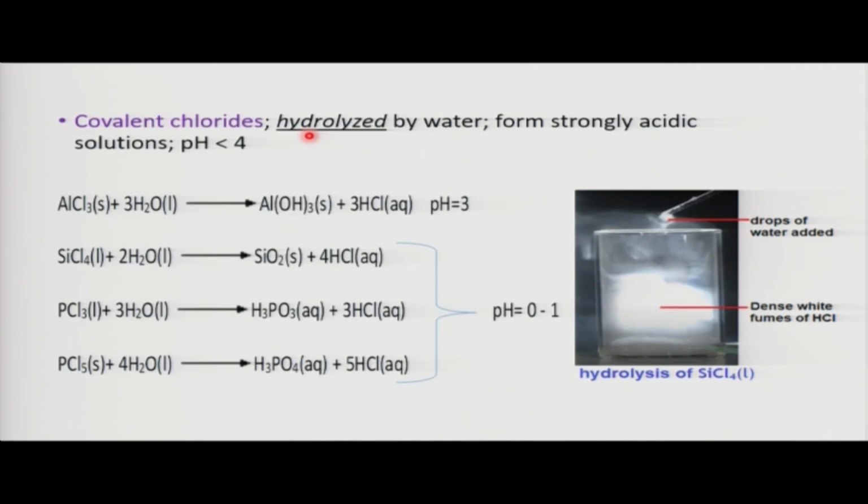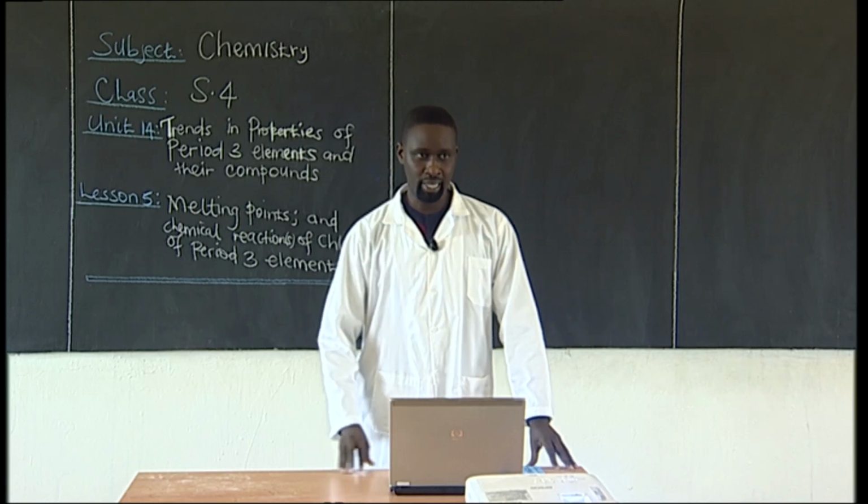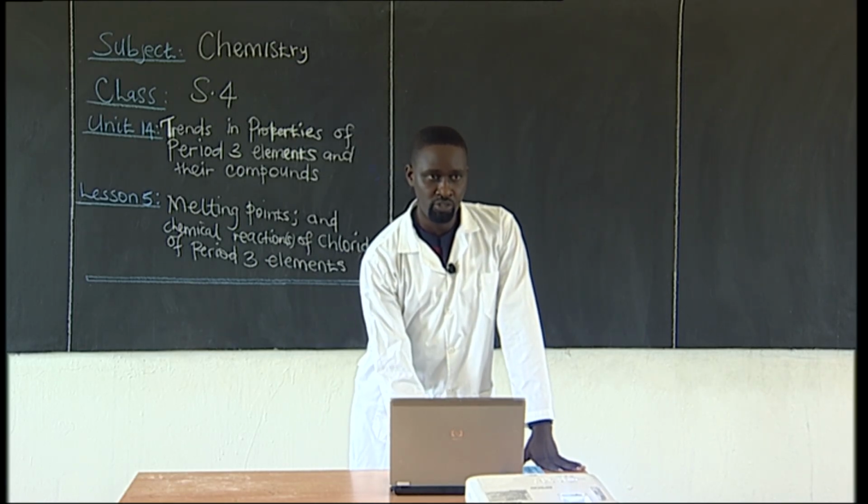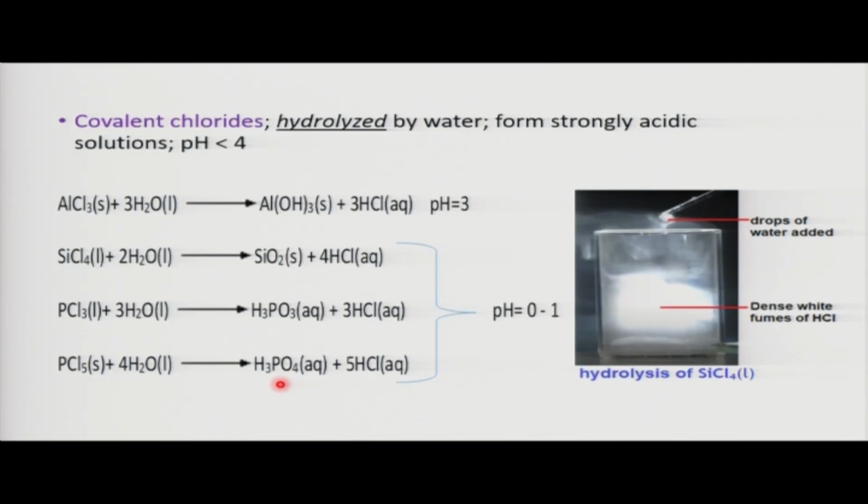They are hydrolyzed by water, and the result is very acidic solutions with pH less than 4. Sometimes even the pH can go to 0, like in the case of phosphorus pentachloride, because they are producing phosphoric acid, and even part of it hydrochloric acid, which we know as HCl.